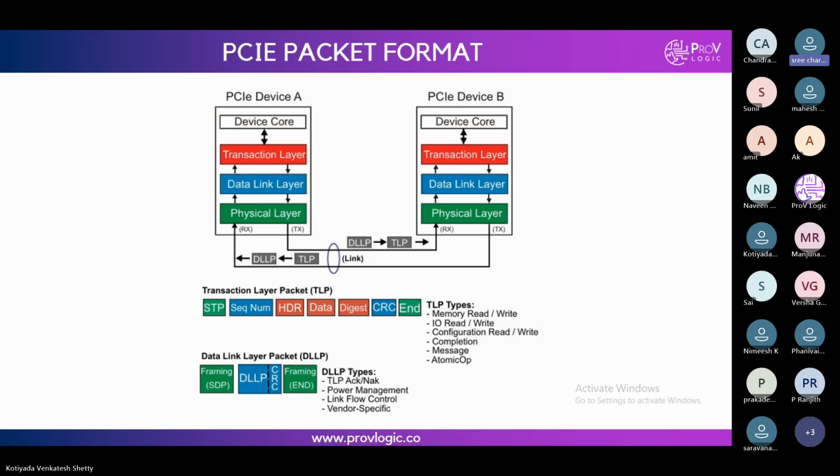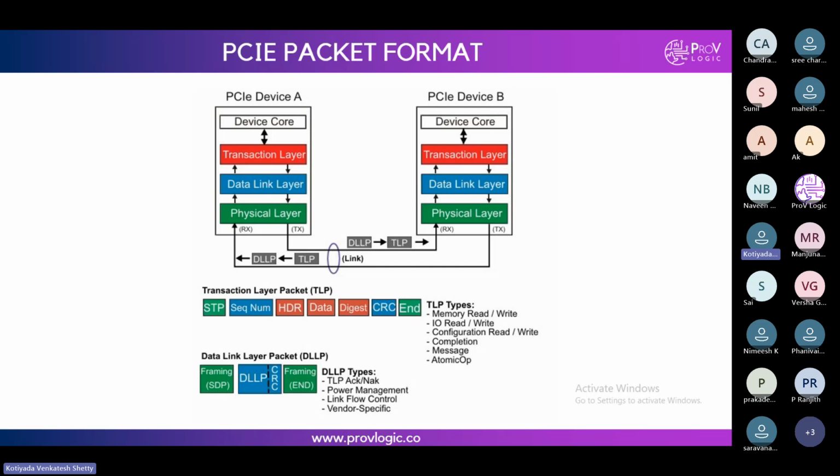According to this, does initialization happen only at the receiver side? No. Actually, initialization should happen from both sides. Device A and device B are in different places, and the communication should happen through the link only. Suppose person A wants to communicate with person B. Person A needs to know whether person B is connected or not. The connection happens through the link. How does person A know about person B? Because there are voltage levels.